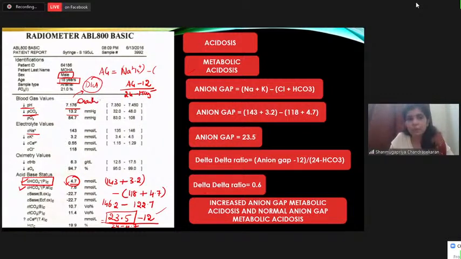I'm just telling you the possibility. Just based on this ABG report, you can say this probably is a case of diabetic ketoacidosis caused by diarrhea or something else. It can even be a renal tubular acidosis patient, or it can be a person who's on carbonic anhydrase inhibitor for something else. So all these are causes of normal anion gap metabolic acidosis. Are you clear?